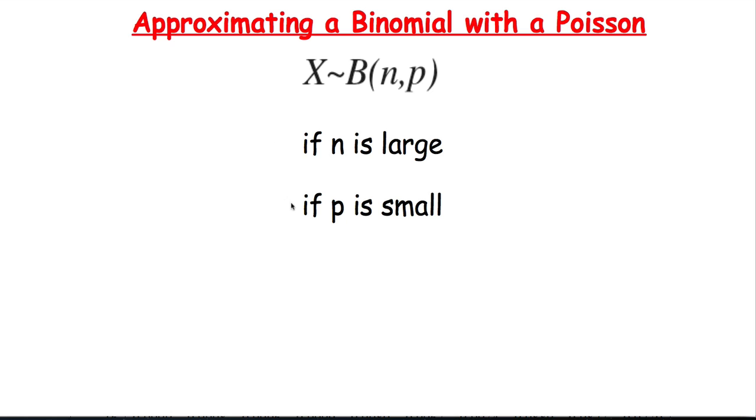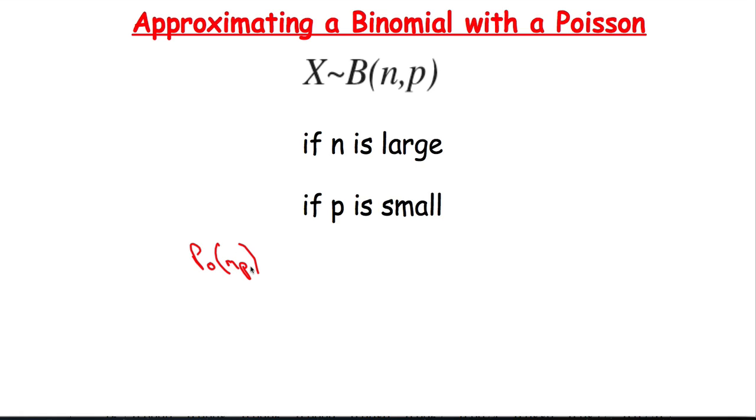Okay, important thing here. Sometimes we can approximate a binomial distribution by using the Poisson distribution. So just a reminder, if x has a binomial distribution with n trials and the probability of success being p, well, if n is large and p is small, then we can approximate it using a Poisson distribution such that the parameter is np.